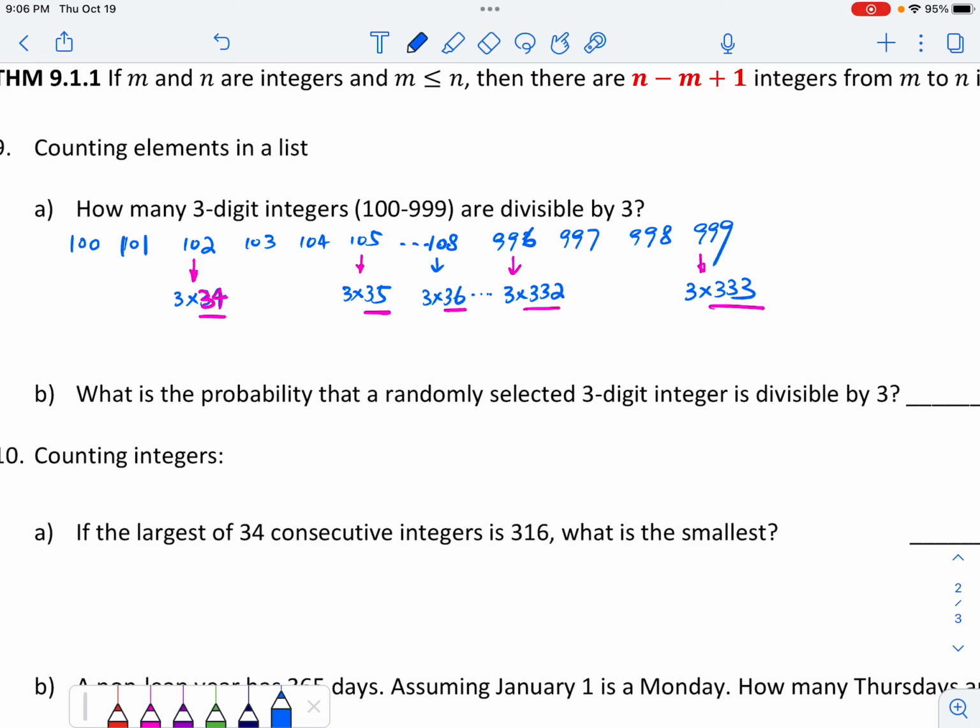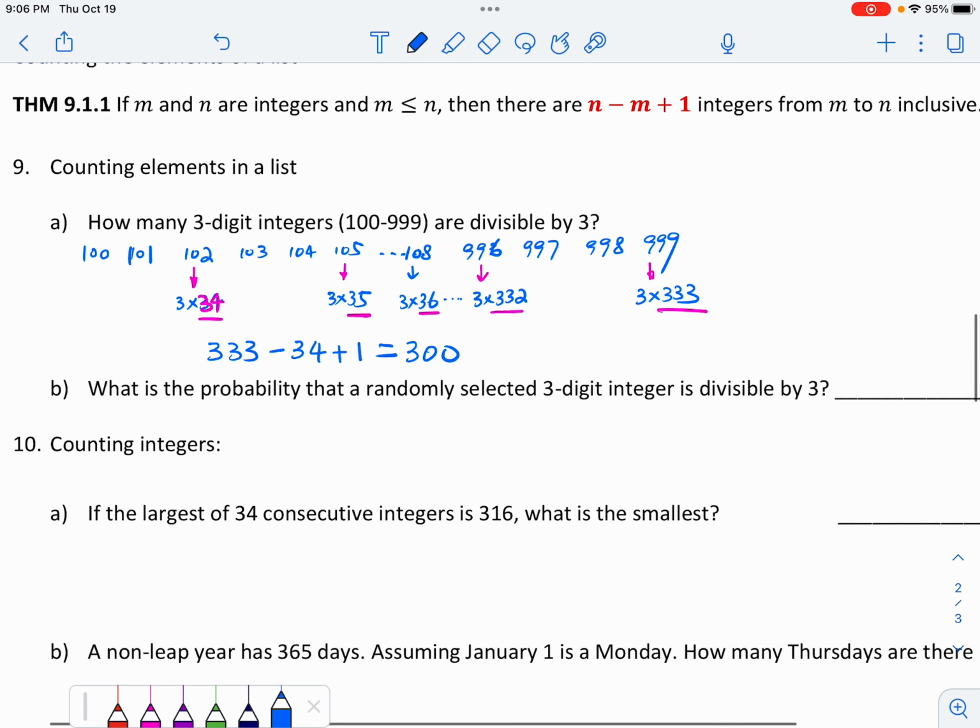So therefore, here's the count: 333, which is the last one, minus the first one, 34, and don't forget to add 1. This gives us 300. So that's how many integers from 100 to 999 are divisible by 3.